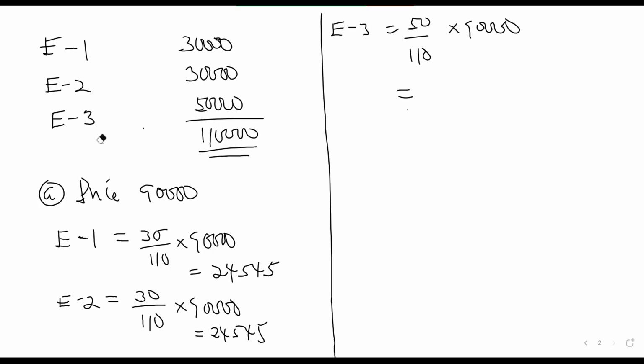The last one gives us 40,909. I didn't approximate the first two, so let's just subtract those from 90,000. So I'm having 40,910. Is that correct?